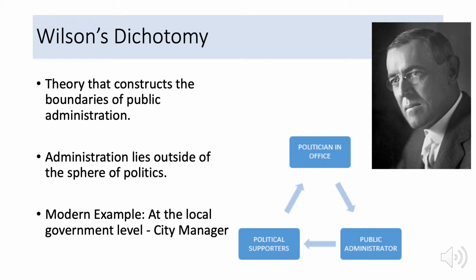So that process does not include any public administrators. For example, a city manager would be an example of a public administrator that sits outside of the political sphere of council members.